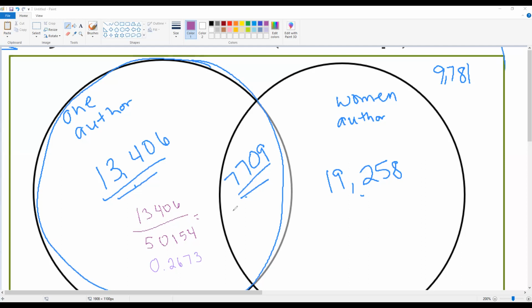And now we'll take our one female author and divide it by 50,154. And when we do that, we're going to get 0.1537.